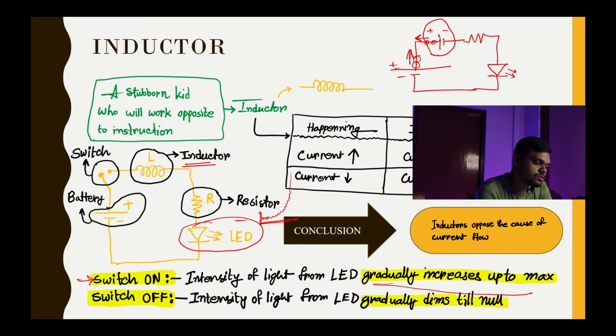A similar case will appear once we switch off the circuit. Once we switch off the circuit, the battery will be disconnected, and there will not be any current flow. So in that scenario, the current flow is decreasing, isn't it?